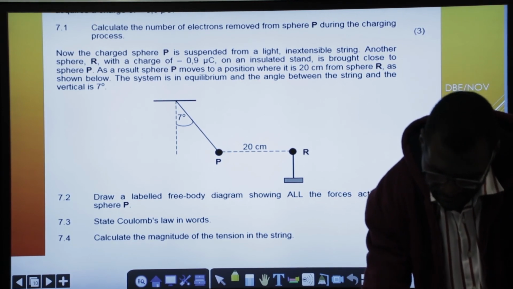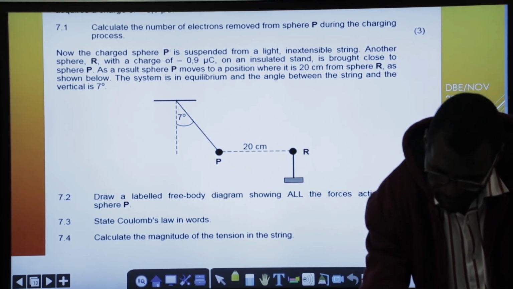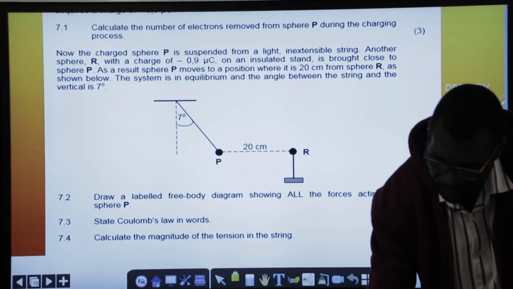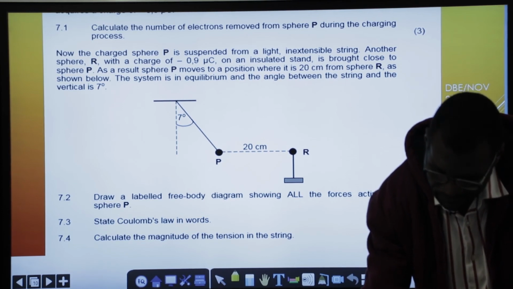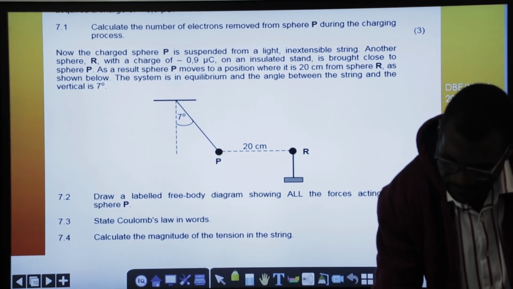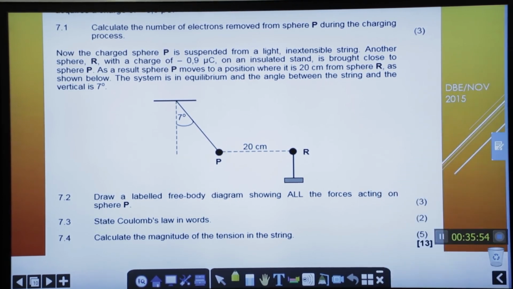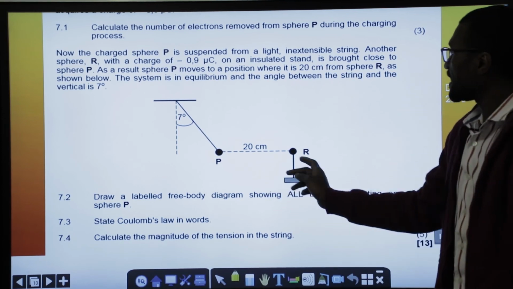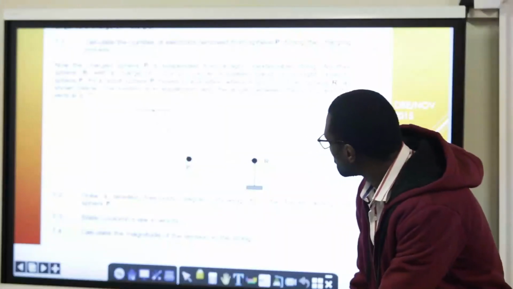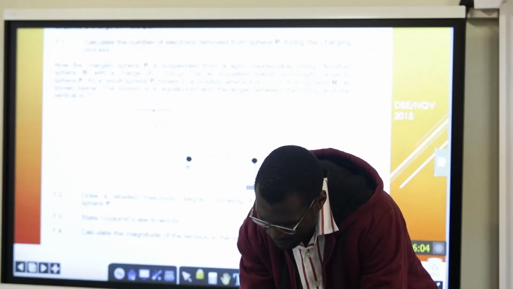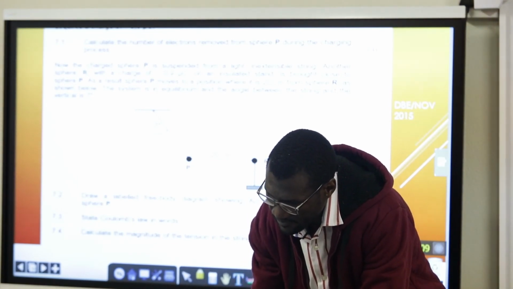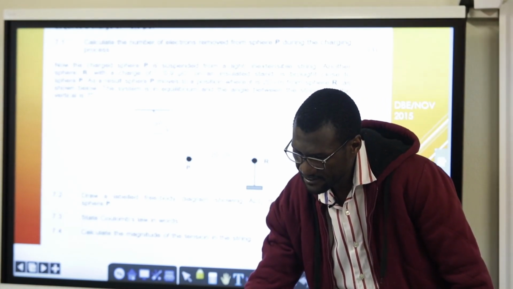And it says that, all right, you got two spheres, P and R, okay? And there is a string that's attached to P. Okay, let's just read the top part.